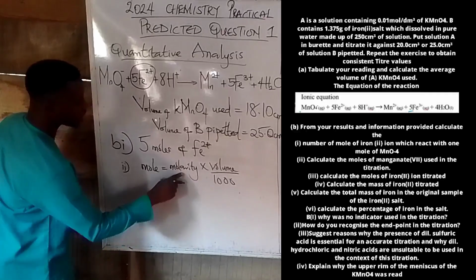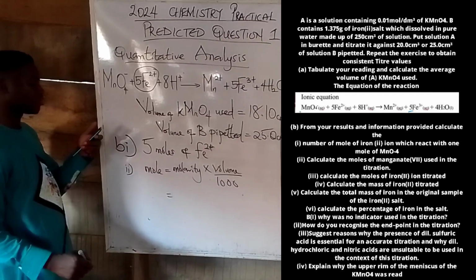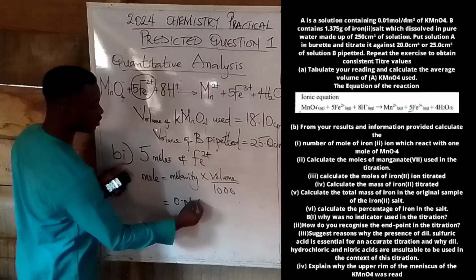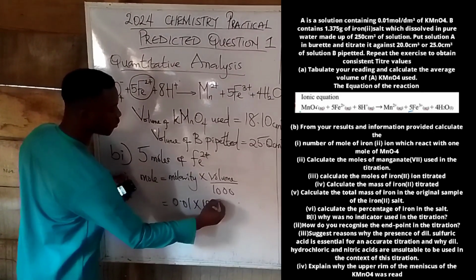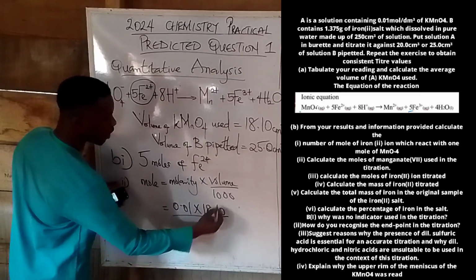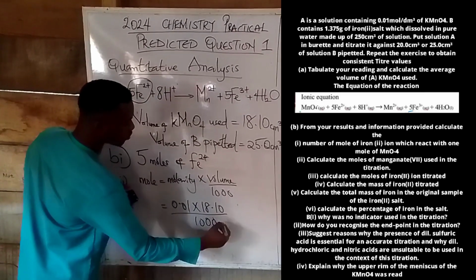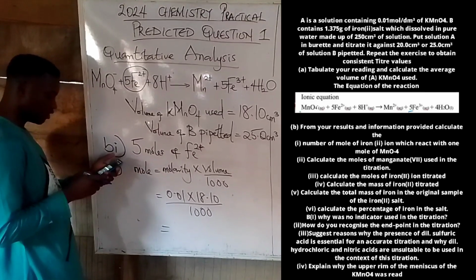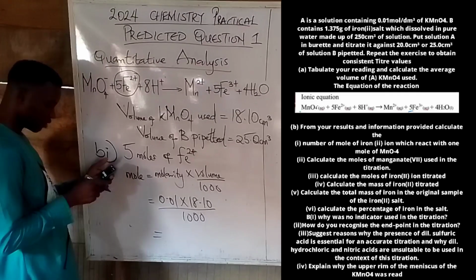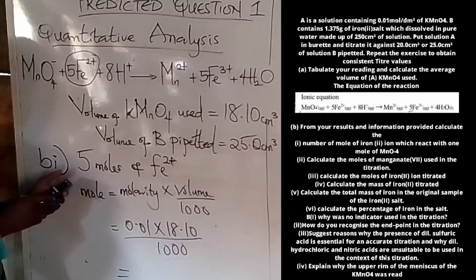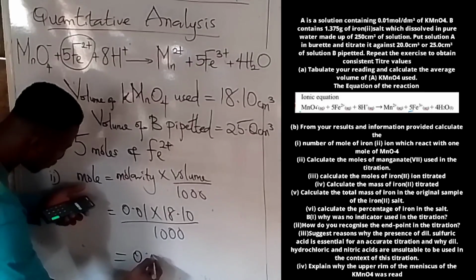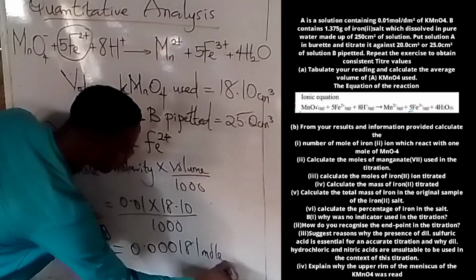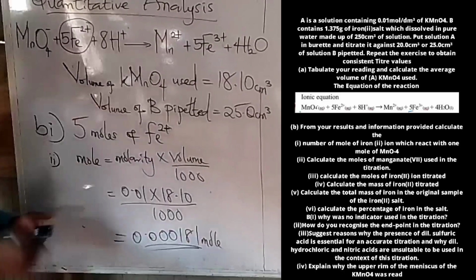According to the question, A is a solution containing 0.01 mole. So we have 0.01, the volume here is 18.10, over 1000. So the final answer for this is going to be 0.000181 mole. So that's the final answer.